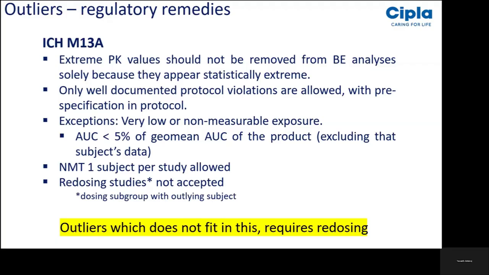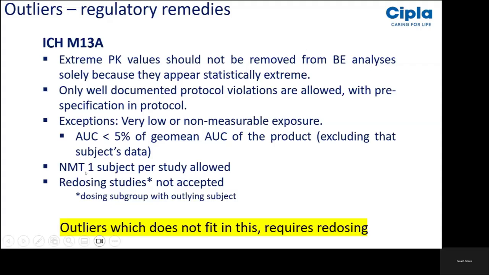Further, there can be certain exceptions. I would say only one exception, where very low or non-measurable exposures are observed in the study. That can be determined by having the AUC of that particular subject less than 5% compared to the geometric mean of the AUC of that product. Then that subject can be removed from the study and the bioequivalence calculated.